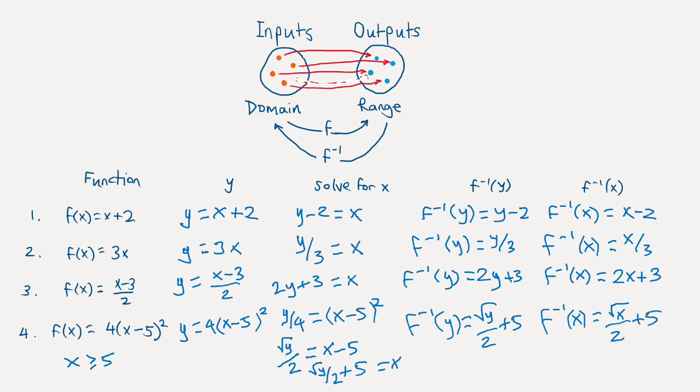And we need to write down again that we're restricting the domain here. x has to be greater than or equal to 5, and we need to have that restriction in so that the function is one-to-one. So there are a few examples of finding inverse functions.